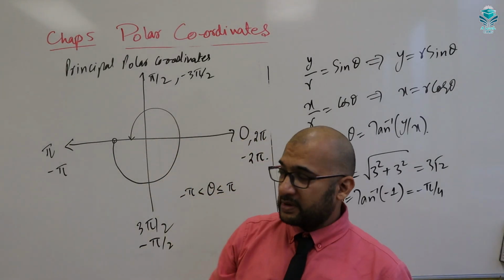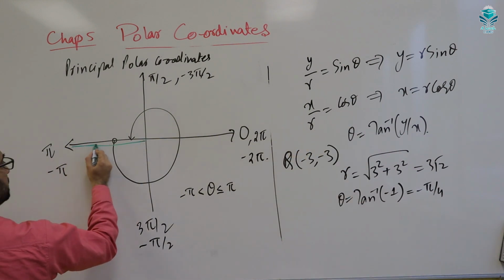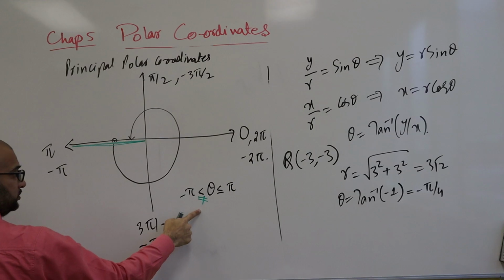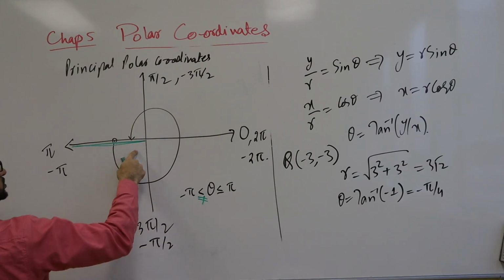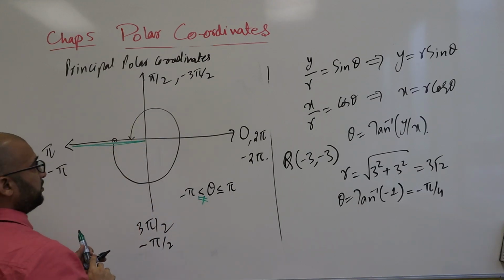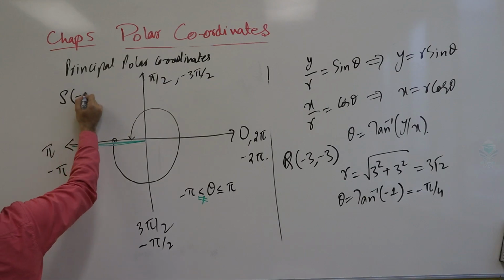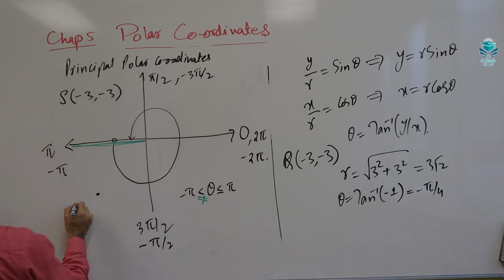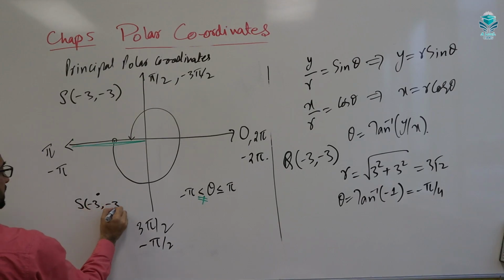The point to be remembered here is that there is a barrier, because minus pi is not included. So it means you cannot cross this barrier. Let's say you have a point S with coordinates minus 3, minus 3. It lies somewhere in the third quadrant.